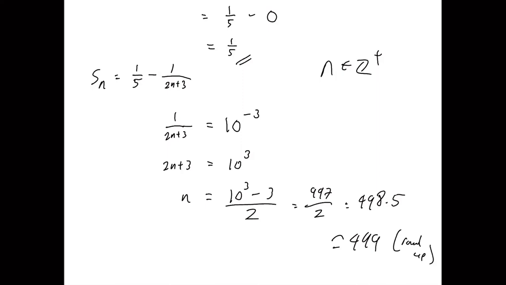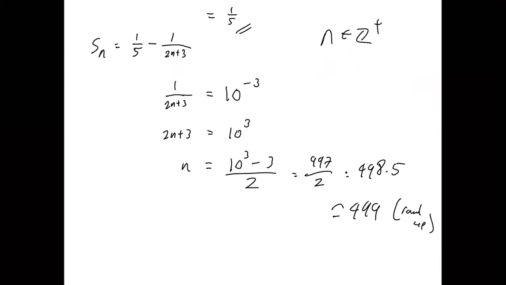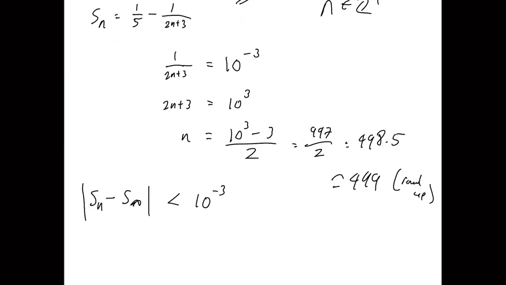Another way that you can interpret this is, right from the beginning, you should think of it as Sn take away the S infinity. The distance between them should be less than 10 power negative 3. But that is a little bit more complicated, which is why I didn't explain it first. So let's just work with that instead. So what is Sn minus S infinity? It's just 1/5 minus 1 over 2n plus 3, but you take away the S infinity, which is 1/5. And the distance between them, modulus, so it can be positive or negative distance, less than 10 power negative 3.